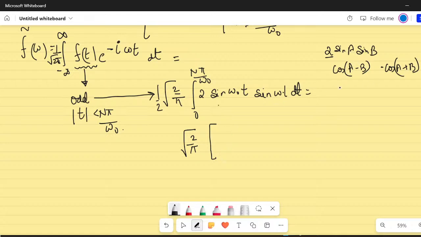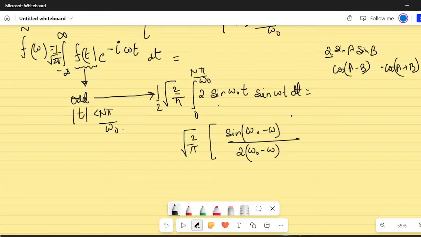So basically if you integrate it, you will get simply sine of omega naught minus omega times t, divided by omega naught minus omega. For the lower limit t equal to 0, this will go to 0, because cosine when integrated gives sine, and sine 0 is 0.